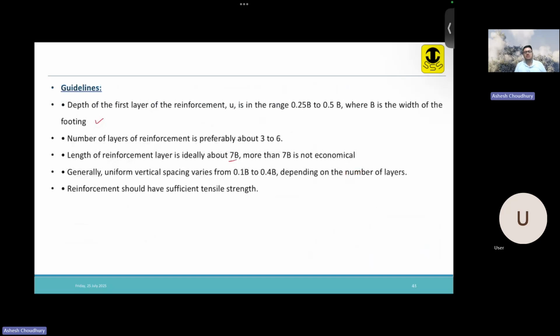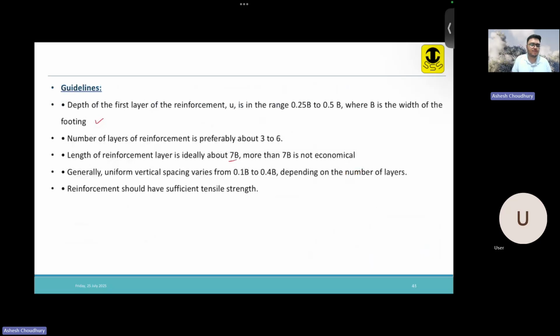So this course is just a basic introduction about geosynthetics, and I don't want to complicate it too much. I just wanted to keep it very simple and straightforward and discuss the important things. I hope everything is clear to you, and if you have any doubt, you can ask me anytime.